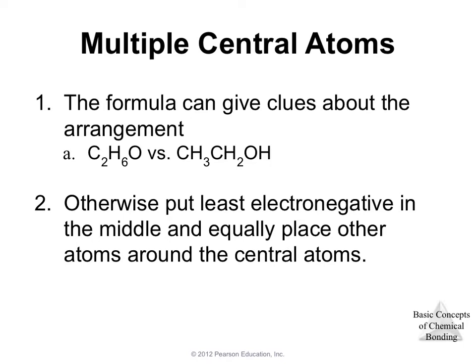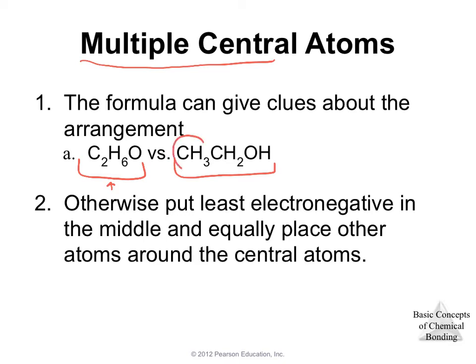So with covalent compounds, oftentimes there's multiple central atoms. What that means is that it's not just going to be one atom with a bunch of things around it. Oftentimes when we write compounds, the formula can give some clues about the arrangement. So these two compounds are the same. This one doesn't give us as much information, but this one chunks it.